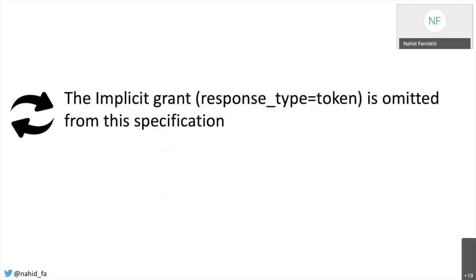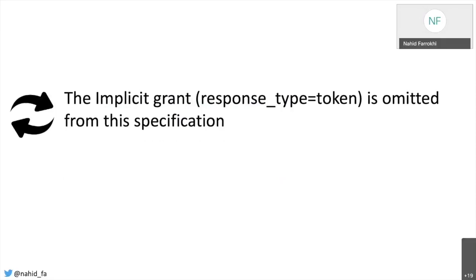The next change suggested is about the implicit grant. It says that the implicit grant is omitted from the specification. So what is this implicit grant? It was previously recommended for interactive clients without a secret, like a JavaScript client, right?